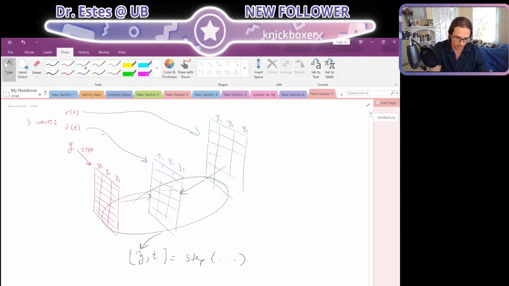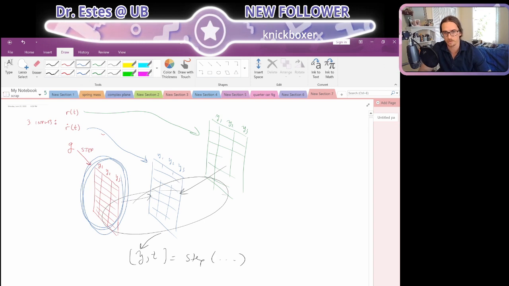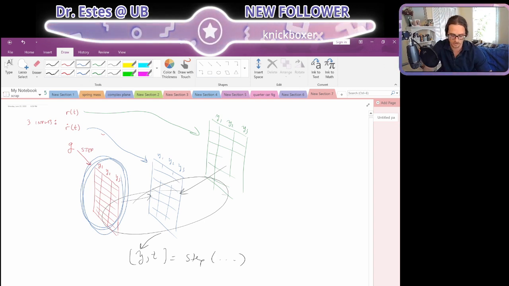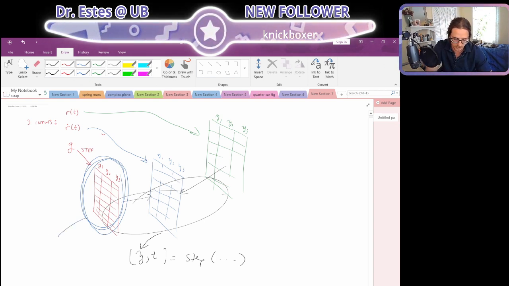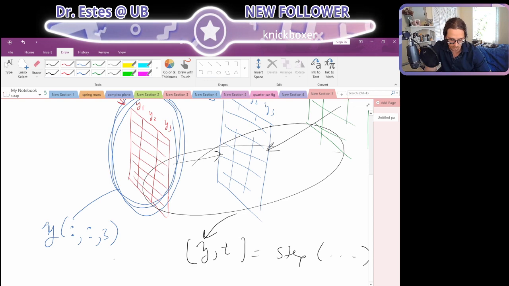However, we're only interested in this one. The step input from gravity. If you want this matrix by itself, you have to say, give me the third matrix from y.